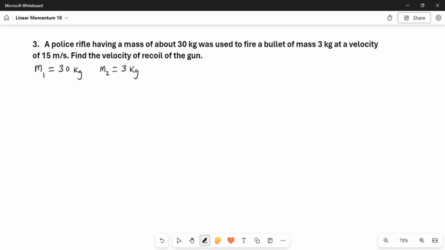So it implies that V2F is equal to 15 meters per second. For us to find the velocity of recoil of this gun, we'll say that the momentum before is equal to the momentum after.